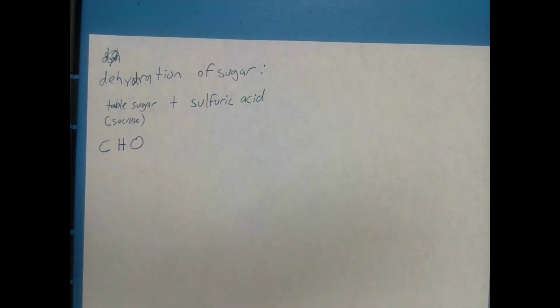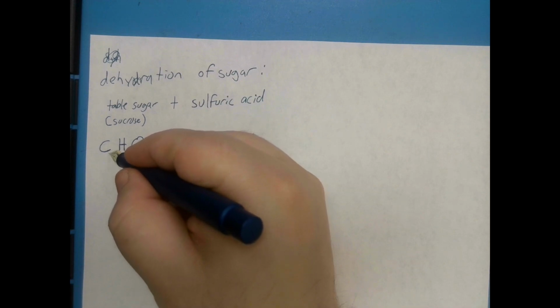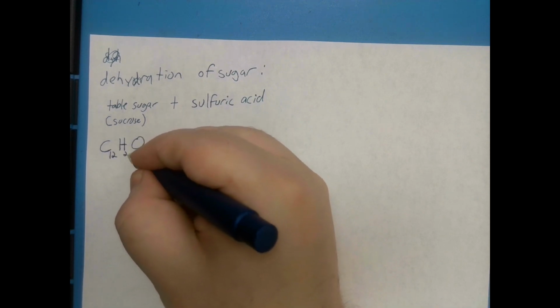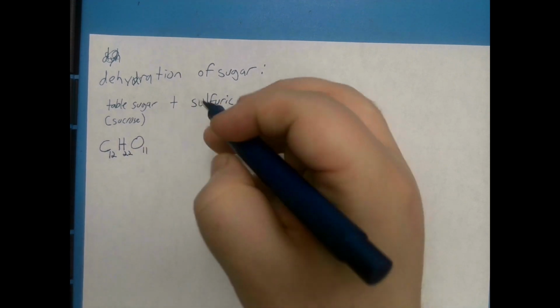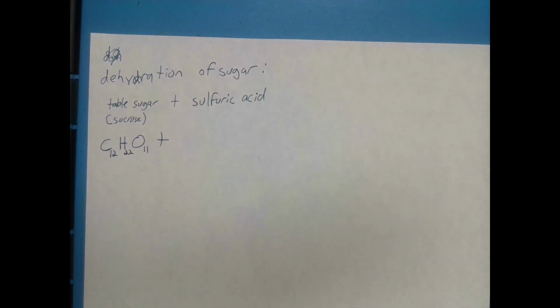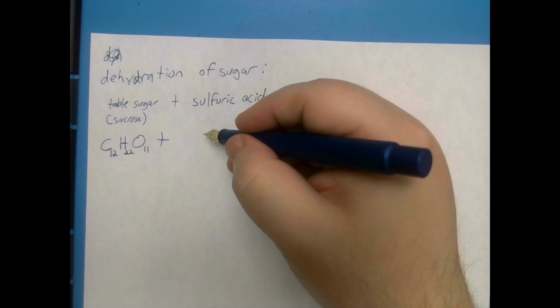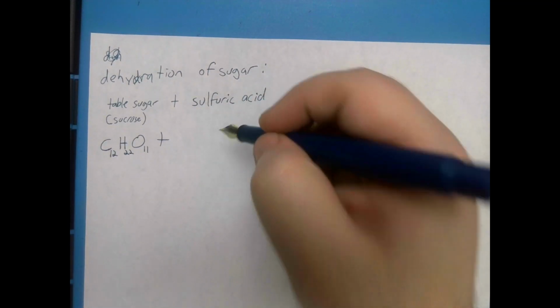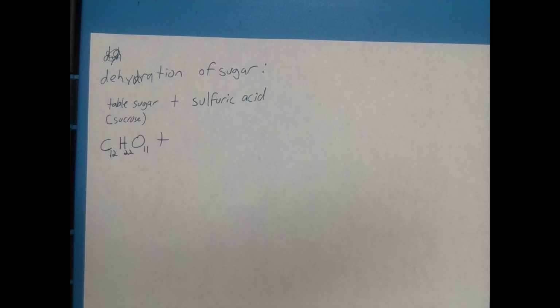So what's the subscripts? 12, 22, and 11. Sulfuric acid. What's the formula for sulfuric acid? Allie, you were so good at it. KCl? No, sulfuric acid. That's potassium chloride.